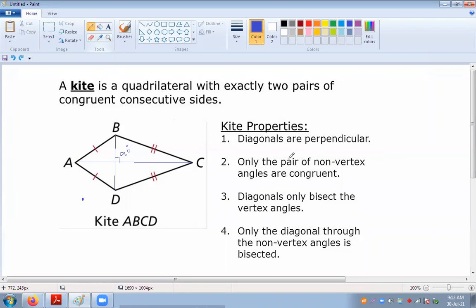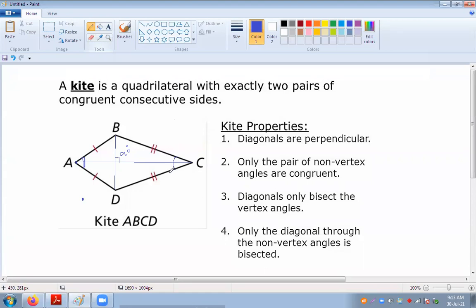They are saying that only the pair of non-vertex angles are congruent, and the diagonals only bisect the vertex angles. So what are the vertex angles? This is a vertex angle, this is a vertex angle, and the diagonals, A and C, bisect them.